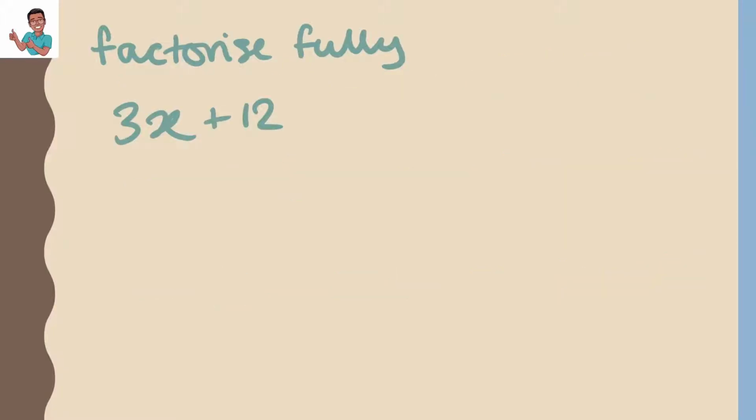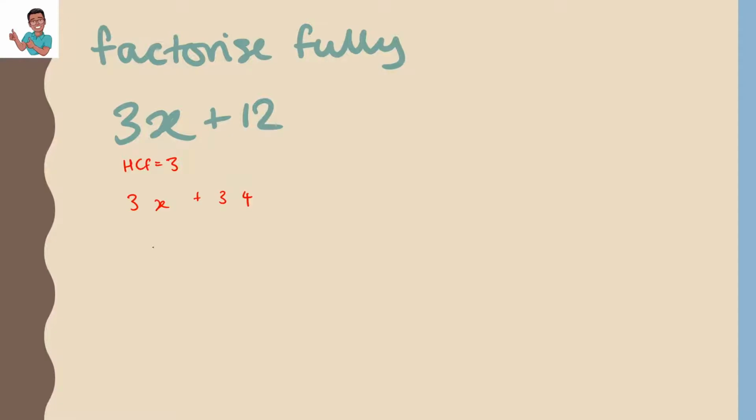Here the question is asking us to fully factorize 3x plus 12. First, we need to find the highest common factor of 3 and 12. This is 3. So we will write this as 3 times x plus 3 times 4.